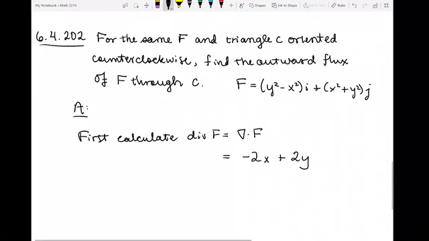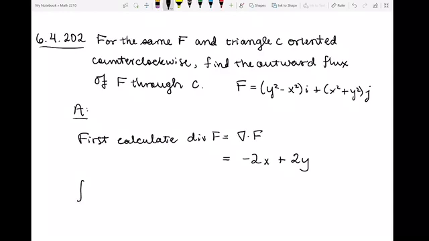So there's my divergence, and now I want to calculate the flux. Remember, the flux looks something like this. It's the vector field dotted with a normal over the path with respect to a little arc length. And then we will do it over the region contained by the border of that triangle, of the divergence of F. And now we have dA.